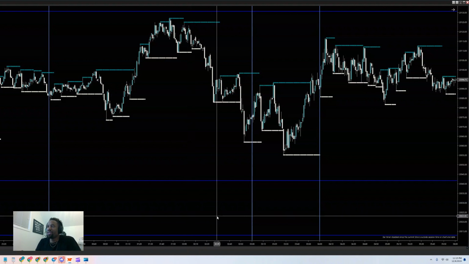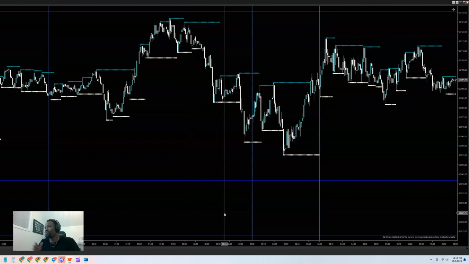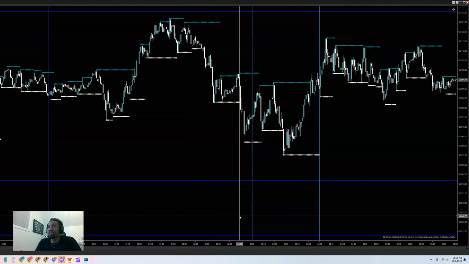So, just to keep it simple, you look from 3 to 4. That's going to be the standard across when you're going to look for this setup.